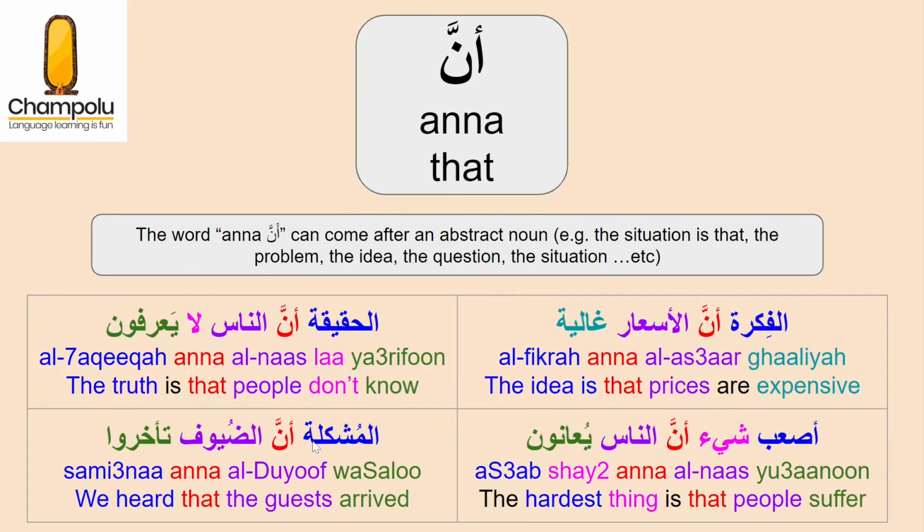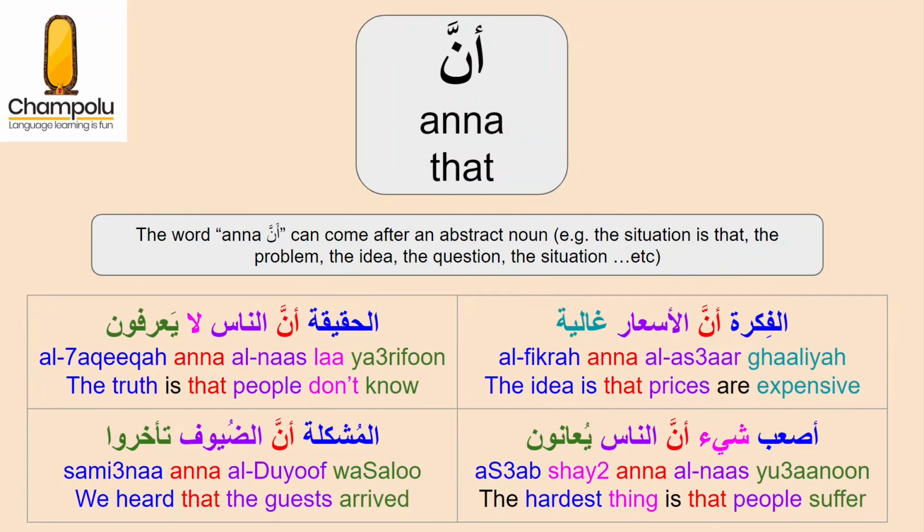And then there's another very common context where we are using أن, which comes after some kind of an abstract noun. You know, even in English we have things like the situation is that, the problem is that, the idea is that, the question is that, and things like that.